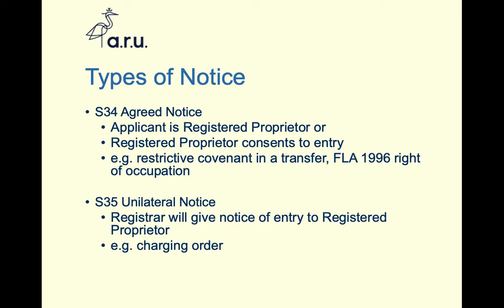Okay, so there's either an agreement between the owner and the party who want to be on the register and they apply together, or the freeholder applies on his or her own. And then we've got the other situation where it would be the party who's got the interest will apply, and the registrar will just give notice to the proprietor that that's what's happened.